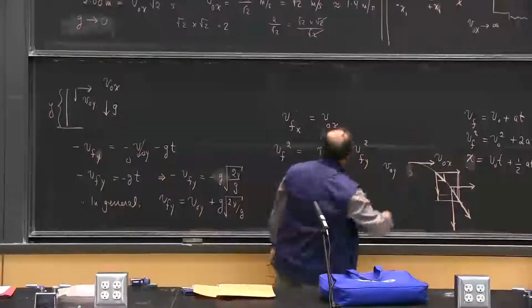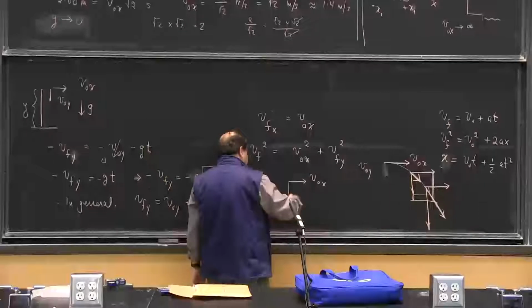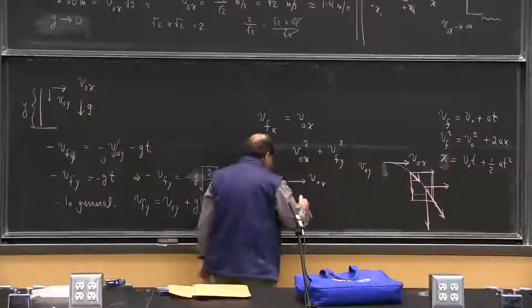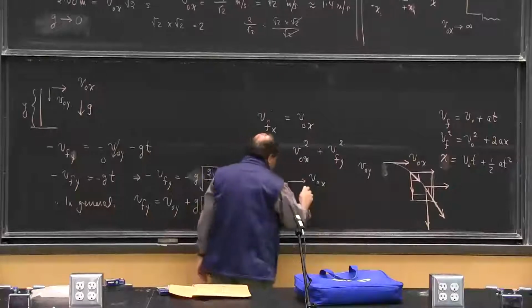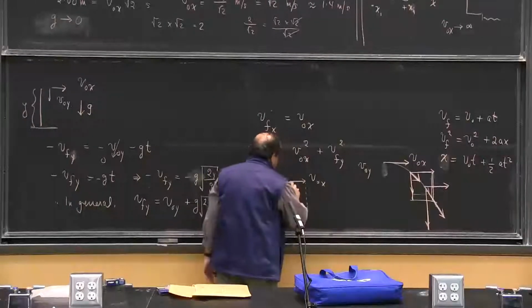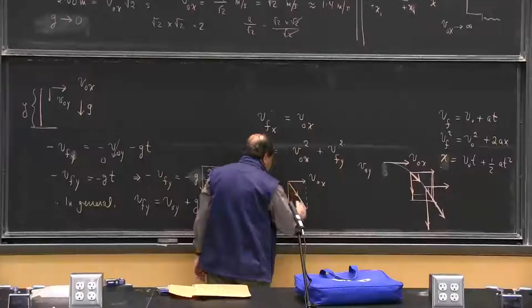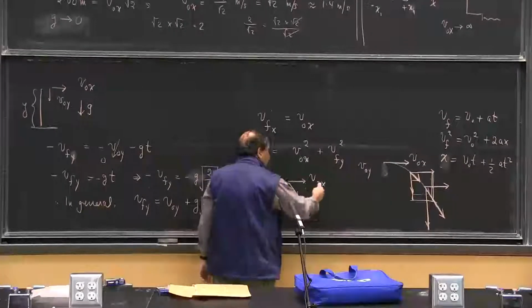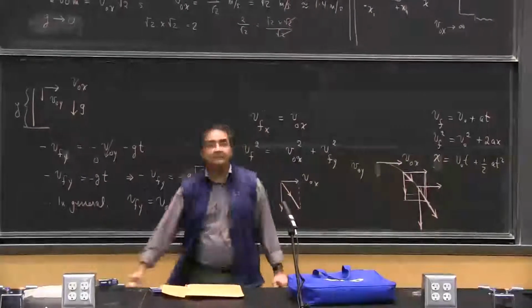Instead of looking the way you have, this is along the x-axis, this is along the negative y-axis. I can make my y-axis point downward. Nothing changes as long as I know what I'm doing. So then I can see immediately that the resultant would be in this direction, and the magnitude of this resultant would be v0x squared plus v final y squared, which is what I have done here.